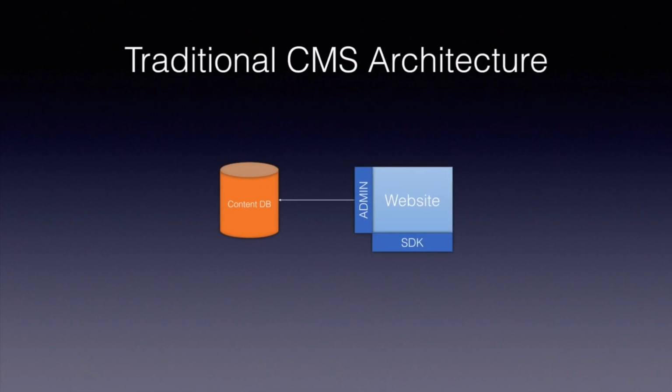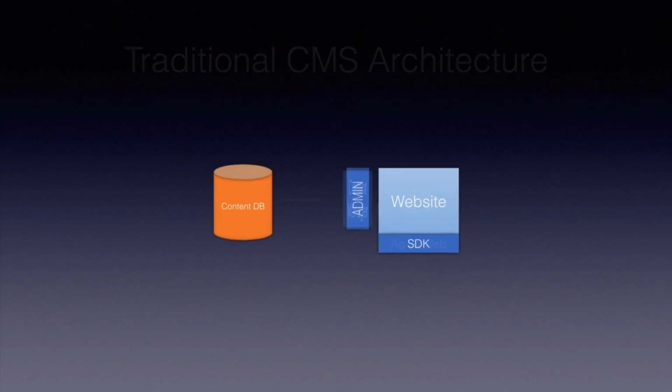Now, in a traditional CMS architecture, which evolved out of the need to update your website more often, you often have an administration app and an SDK, or a software developer kit. This means your website content can be updated by everyone, and developers can still change the design somewhat, but they're often limited by the available templates. And there's still this database involved, and if that goes down, your website crashes.